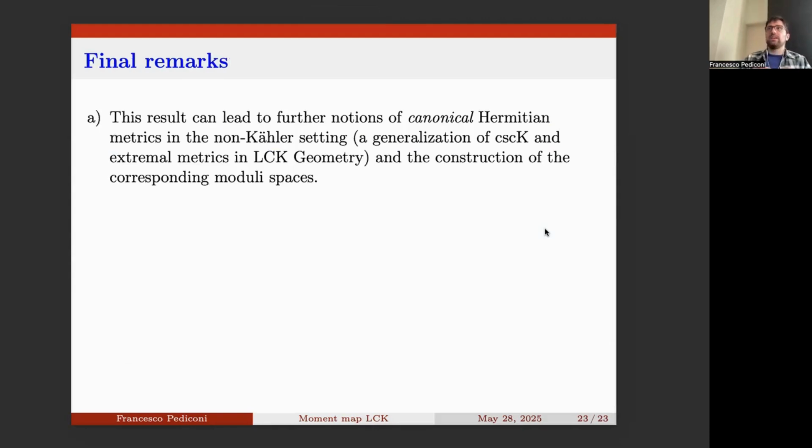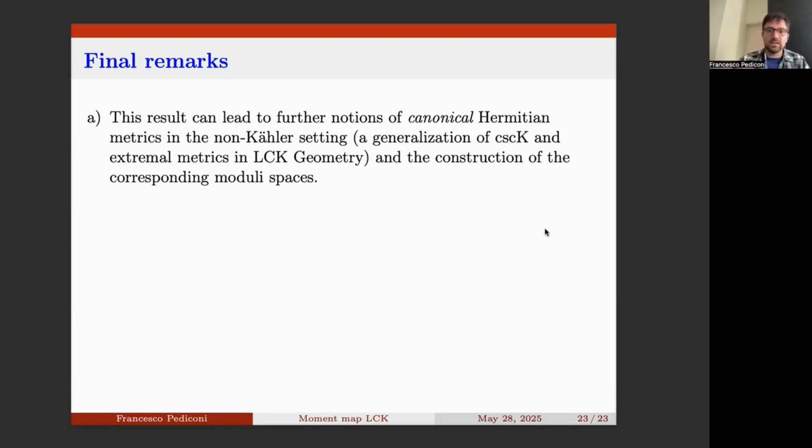Well, actually, the good point of having this moment map is that it can lead to further notions of canonical Hermitian metrics in the non-Kähler setting. So here the point is that whenever you study a Hermitian non-Kähler manifold, it's not trivial at all to understand what are the good notions of best metric that you can put on the manifold, because you have a bunch of connections, you have also torsion terms coming into play.